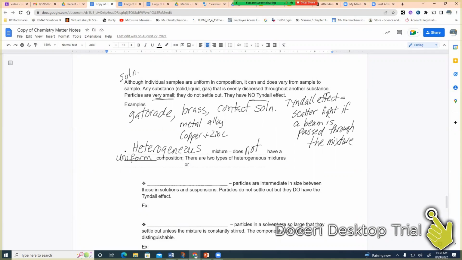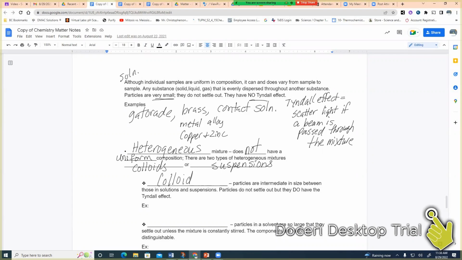There are two types, colloids and suspensions. So colloids, that's spelled C-O-L-L-O-I-D-S. If you're having trouble reading my writing, let me know, please. All right, so we'll start with colloids.